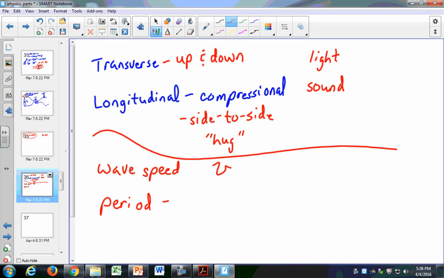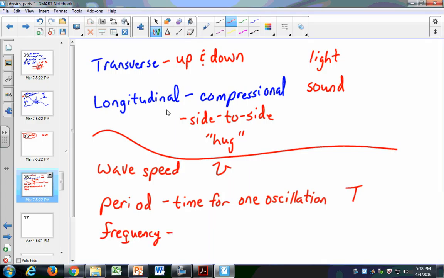The period is the time for one oscillation. I'll draw it for you in just a second. That is T. And then you also have the frequency. This is the number of crests that pass in a given time. It's the inverse of the period. So the frequency is 1 over the period.